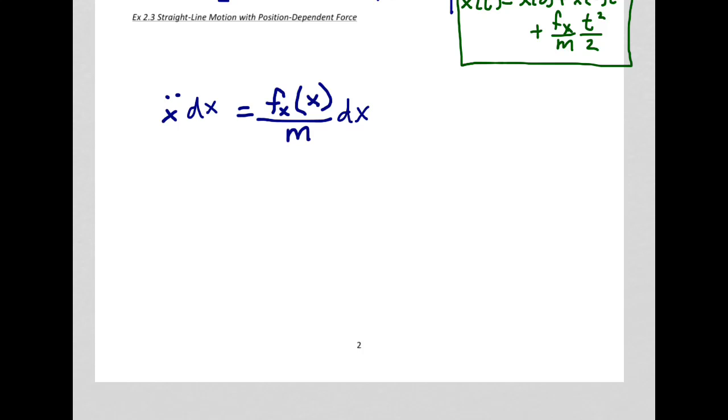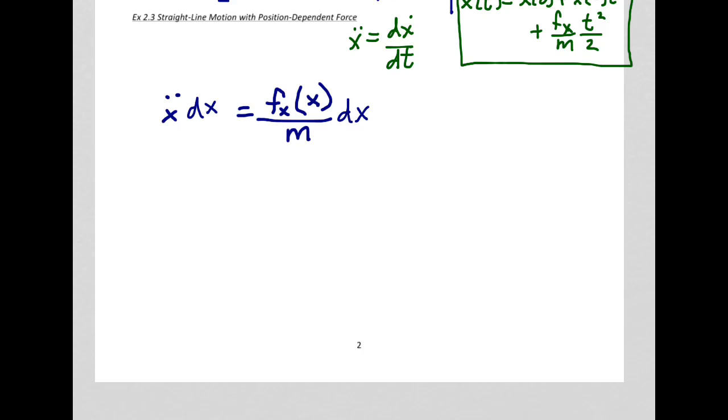Now recall that we defined at the very beginning that x double dot is equal to dx dot dt. So the acceleration is equal to the time differentiation of the speed.